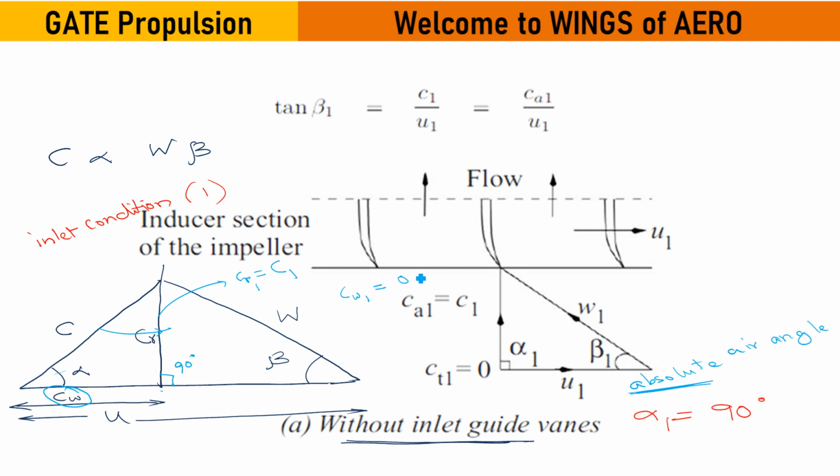In some books, as in this book it is mentioned, CT1 is also going to be 0. If it is 0, we will get a right angle triangle formation, where we have beta and alpha.